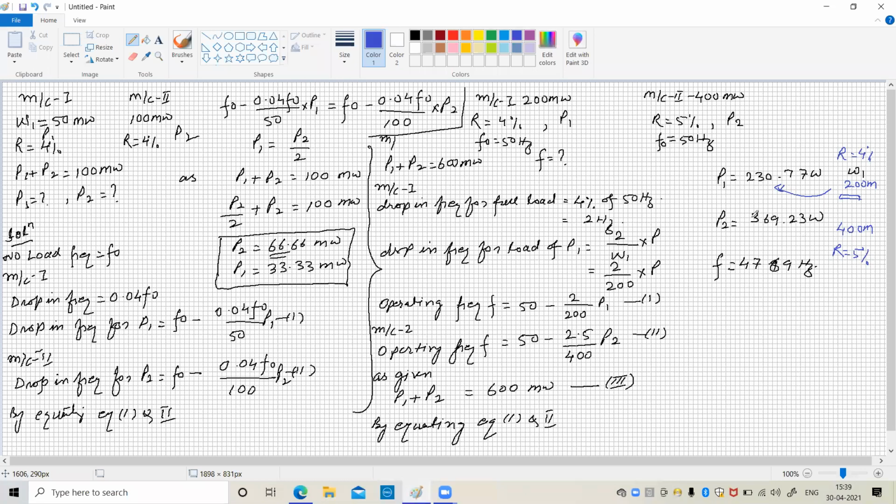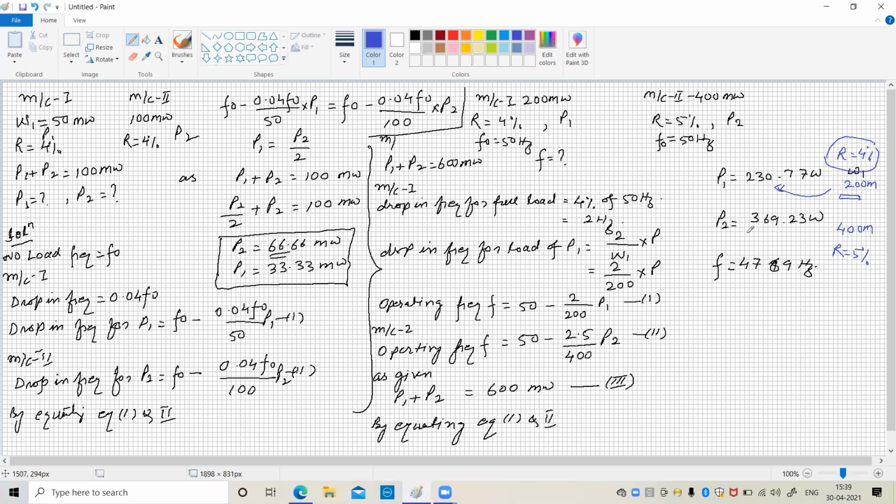It should be like that: the second generator should share more power, up to its maximum rating, in such a way that the total load becomes 600 megawatt. So we can conclude that the machine with lower speed regulation, whose speed regulation is smaller, will share more power.